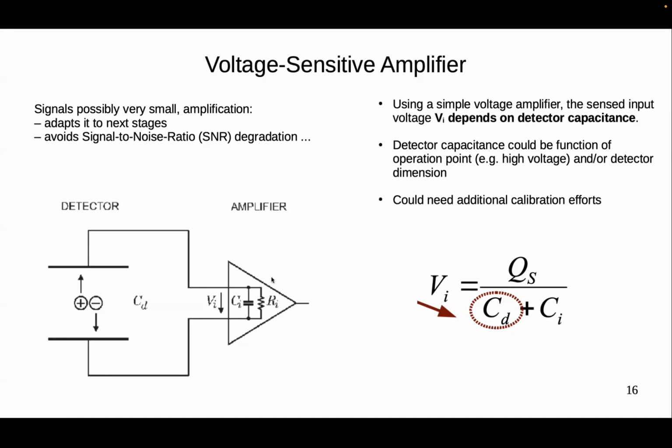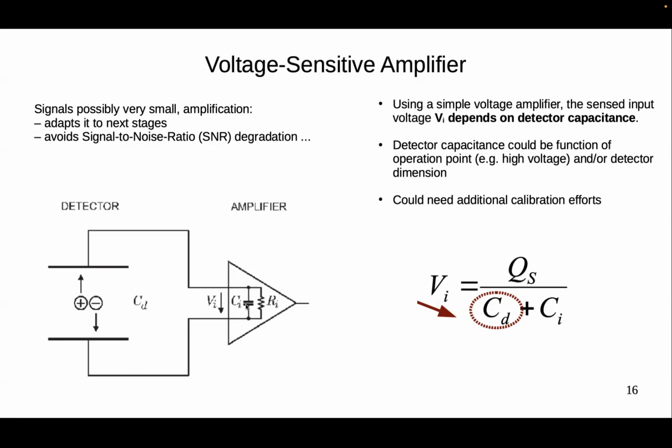We consider that the ideal op-amp has infinite resistance here, but in reality there is a finite resistance, and also some capacitance between the two inputs.